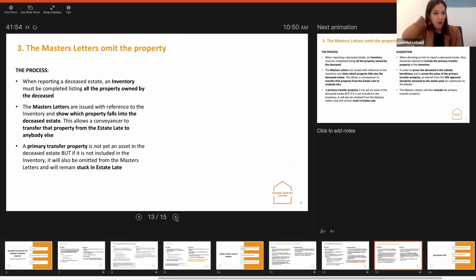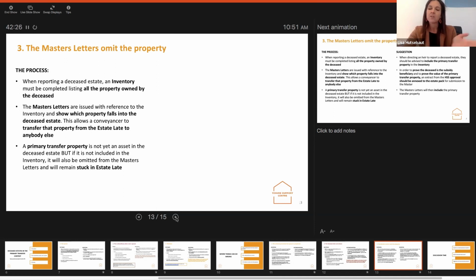So anything from cars to houses to money in the bank, everything that the deceased owned at the time of their passing. The master then looks at that inventory, and when they issue master's letters, they reference all of the assets on that inventory. The reason they do that is because whoever is then going to be responsible for moving those assets out of the estate into the names of heirs needs to be authorized to do that in terms of the master's letters.